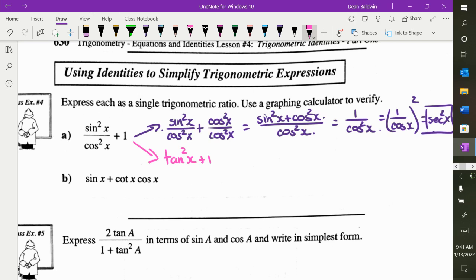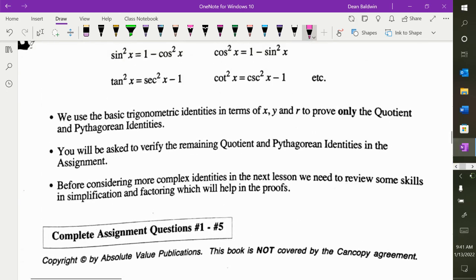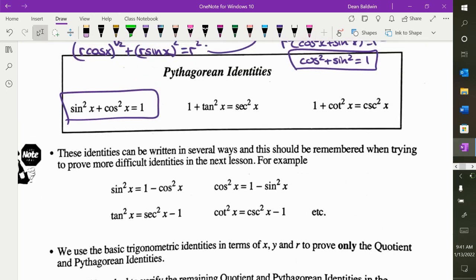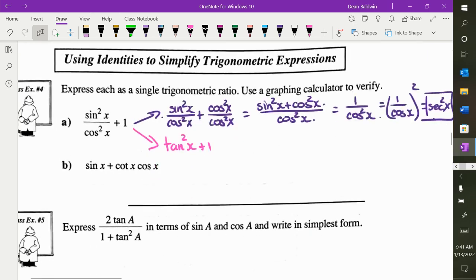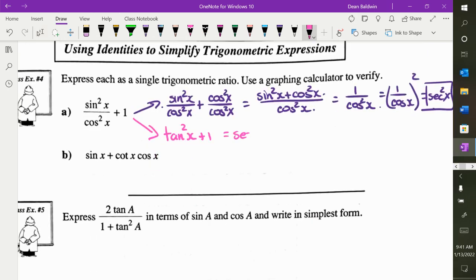As soon as you see a trig function that is squared, adding or subtracting 1, think Pythagorean identities. What's 1 plus tan squared, or tan squared plus 1? Secant squared. And you're done. It's the same thing.